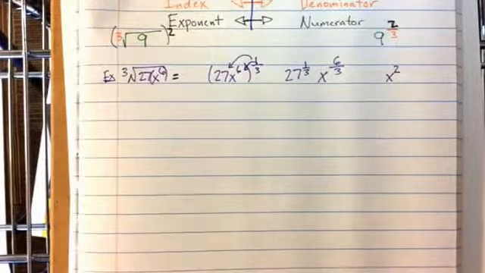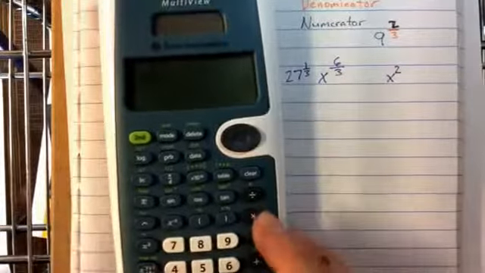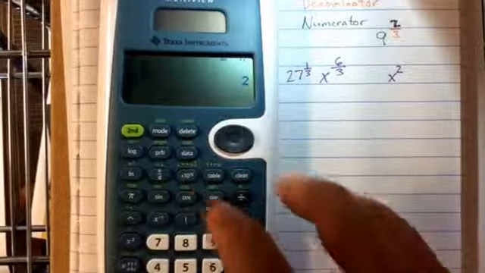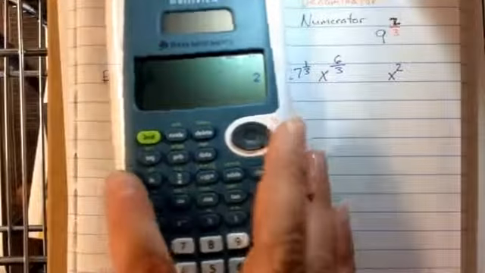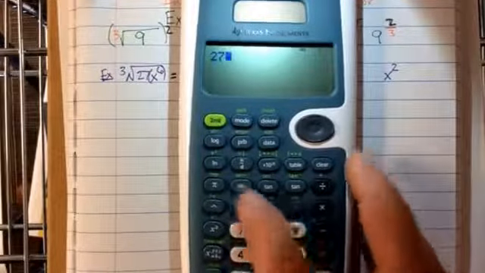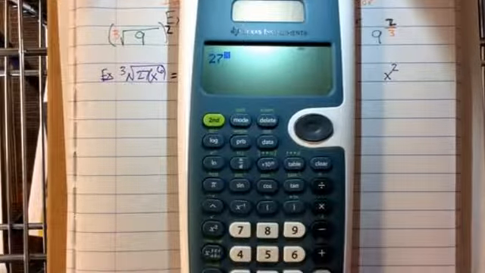So what is 27 to the 1/3 power? Parker? 3. If we didn't know that, we can use our calculators. So everybody get your calculators out.